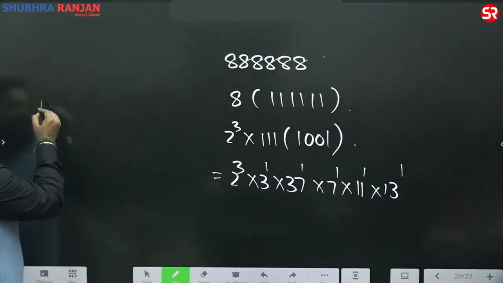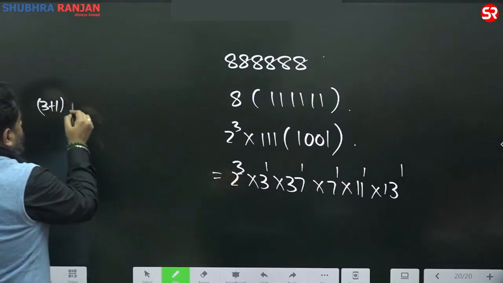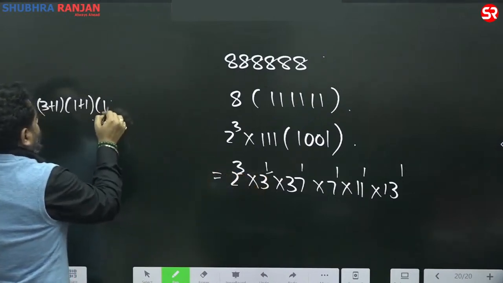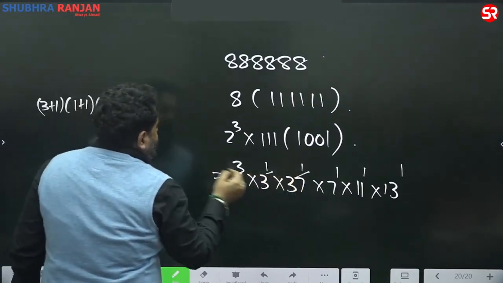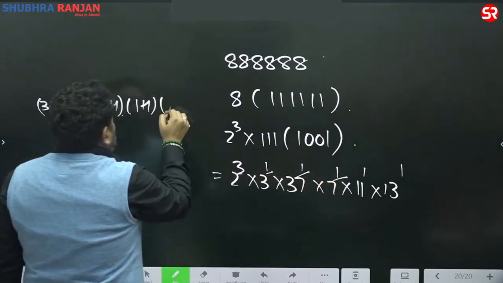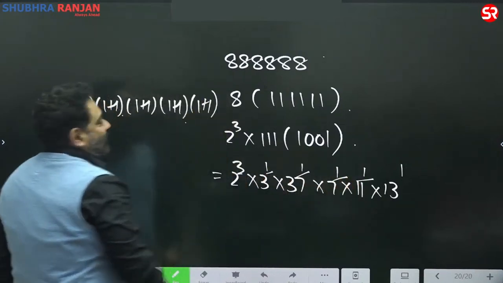नंबर ऑफ फैक्टर्स 3 + 1, 1 + 1, 1 + 1, 1 + 1, 1 + 1 and 1 + 1, right?